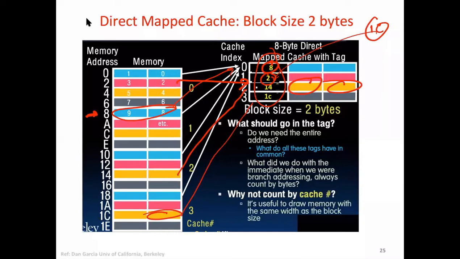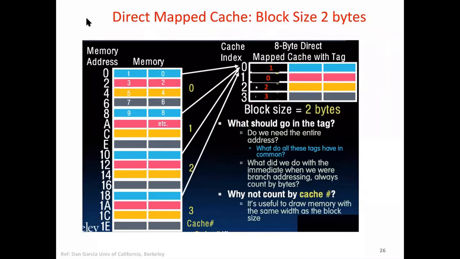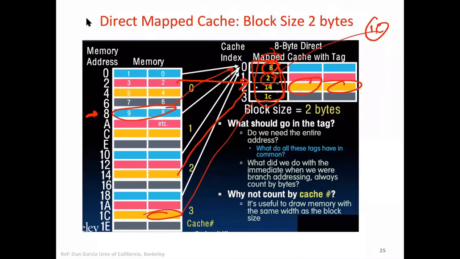Now what we are trying to say here is that the tag is necessary, but the tag need not be the full address. The tag can contain only the upper bits.